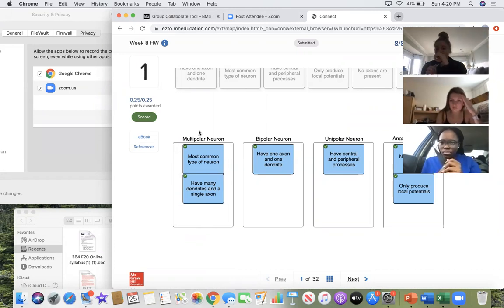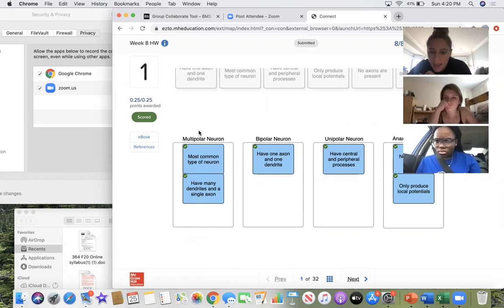Compared to the unipolar, which has a little thing coming off, and then the axon and dendrite go off of that, so it's not actually going off the soma. Right. So it says it has central and peripheral processes, which I don't really know what that means because she didn't really talk about that.